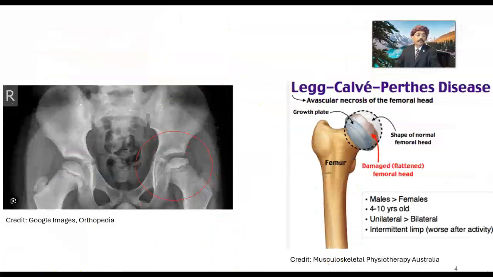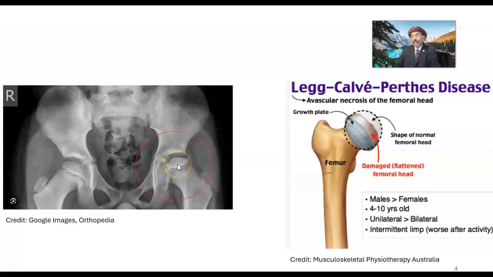Okay, so if we look at this, here is the right side. The femoral head is decreased in size and it is deformed on this side, and this is the pelvis of a child, and this is Legg-Calvé-Perthes disease.